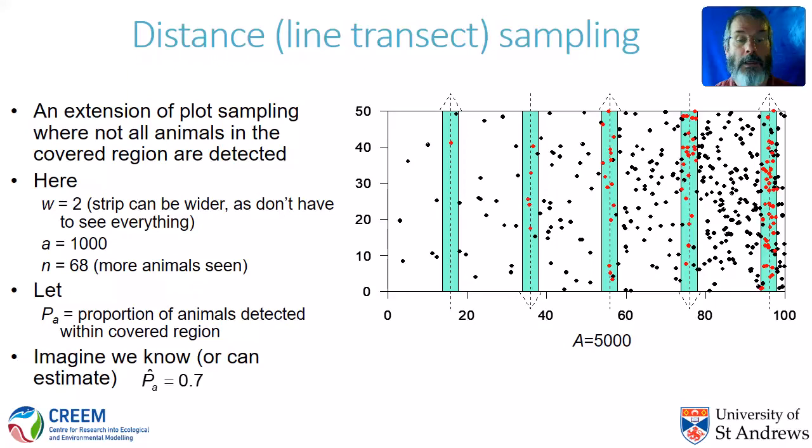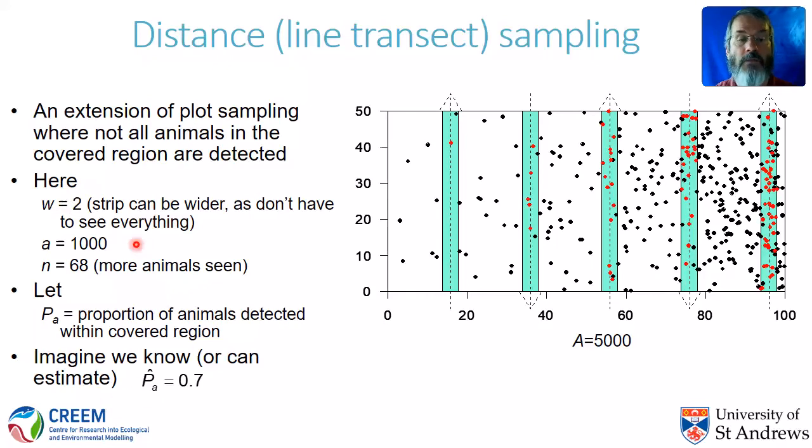For the moment, let's assume that we know that this proportion of animals detected within the covered region for this survey is 0.7. In a moment, we'll come up with a way to try to estimate that number, but for the moment, let's assume someone told us.